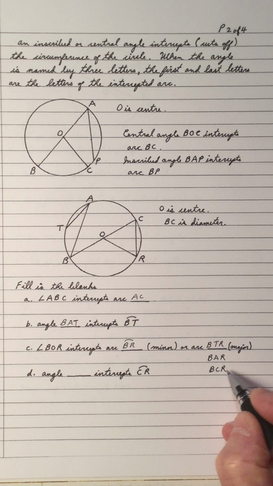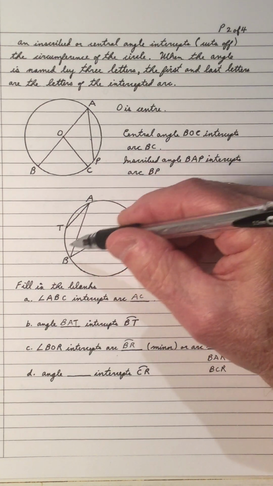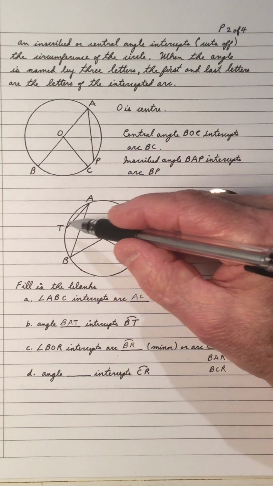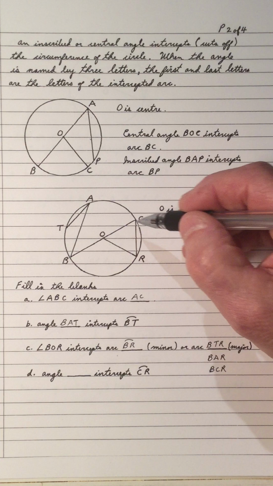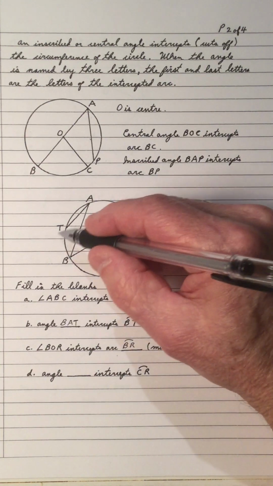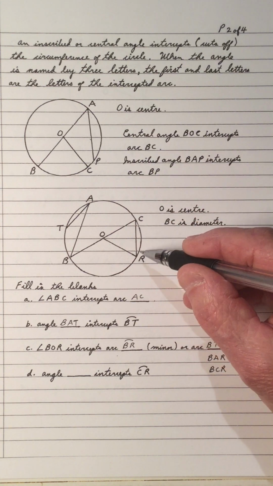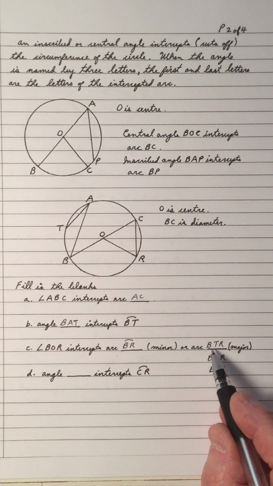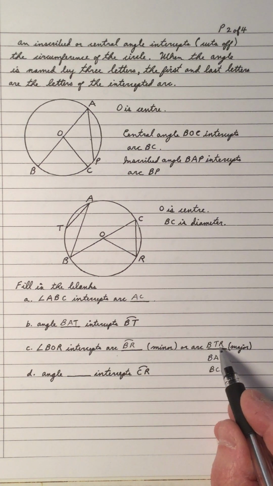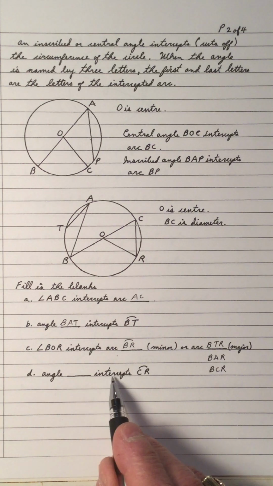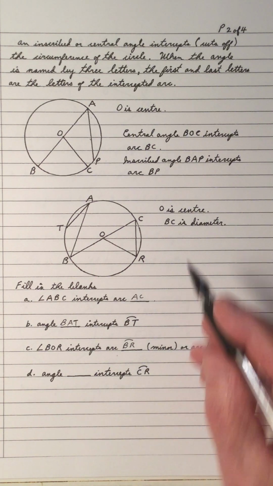Because we want this arc to be BR and we want a major arc, you can pick the T, the A, or the C to be in the middle, because they all represent the same arc of B right around to R. And again, all of these end with the first and the last letters, which is the arc that they intercept, BR. And an angle intercepts arc CR.